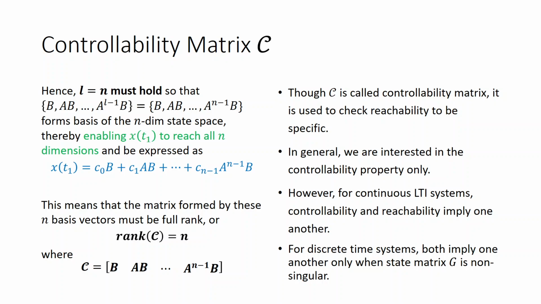And you know how to do that, with column operations. When they are independent, this is fine, the system is reachable, and that means it is controllable. If not, then you have lost your reachability and controllability.